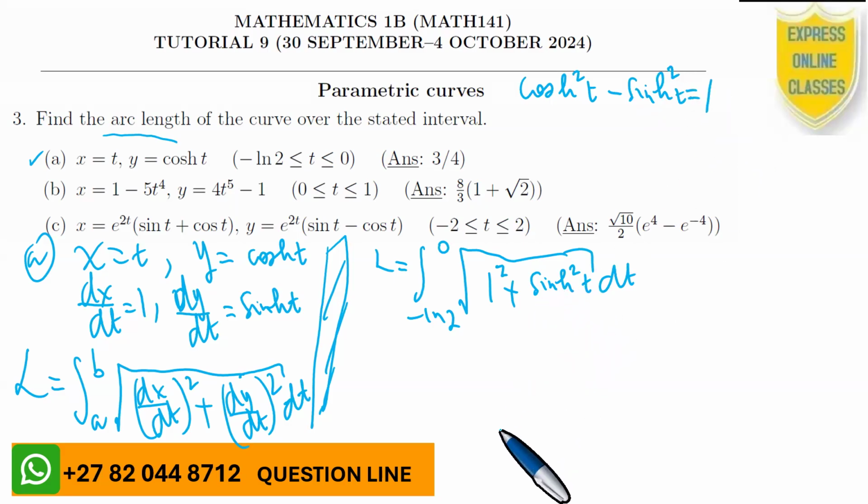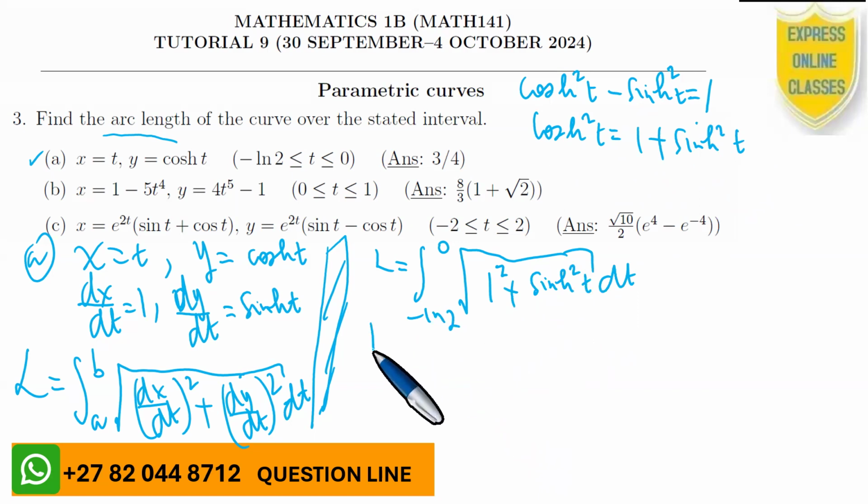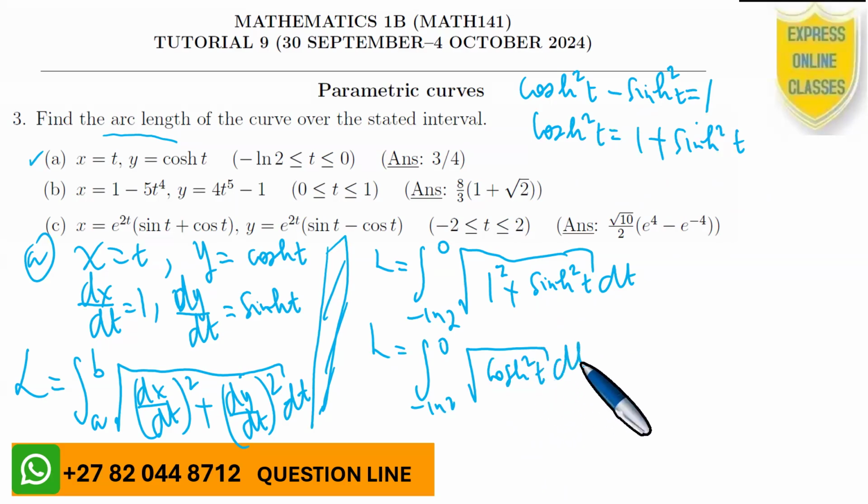So 1 plus sinh squared of t becomes cosh squared of t, dt.